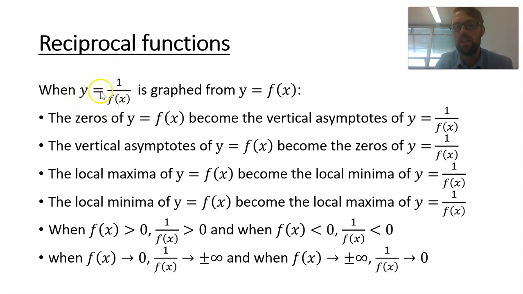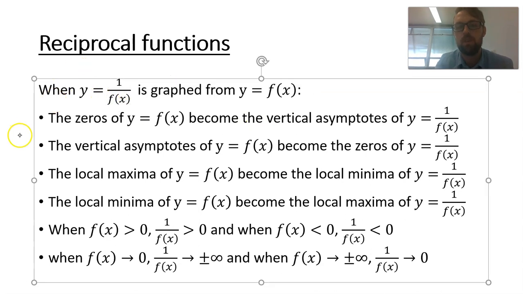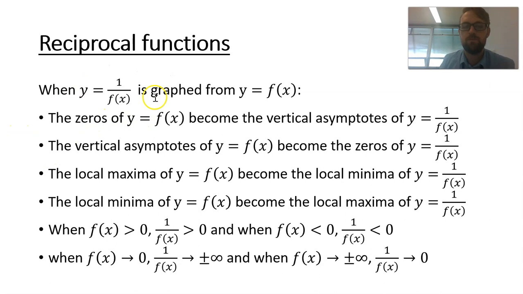When we have a reciprocal function, so when y equals 1 divided by f of x is graphed from y equals f of x, you can see this was our original, and then we've just put it in the denominator here. The zeros of y equals f of x become the vertical asymptotes of 1 over f of x, and the vertical asymptotes become the zeros.